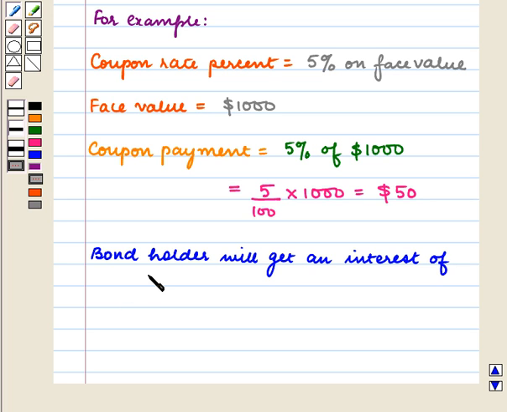So, the bondholder will get an interest of $50 per year.